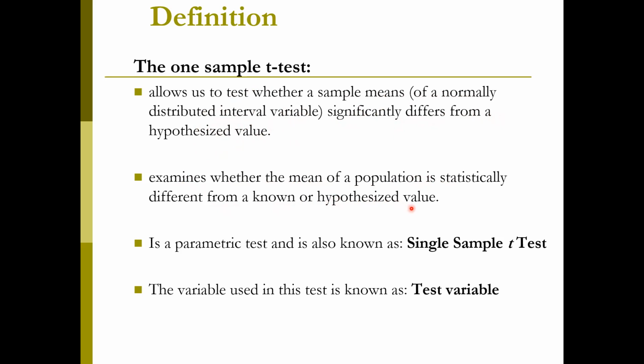What other name does it have? It's a parametric test and is also known as the single sample t-test. The variable used in this test is known as the test variable.